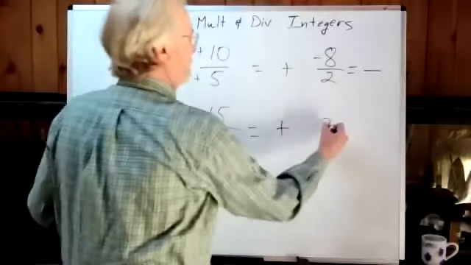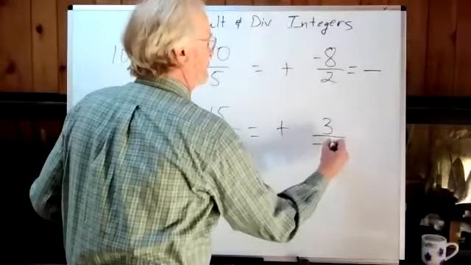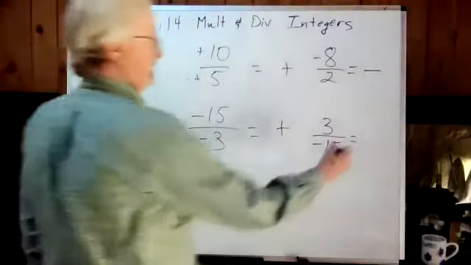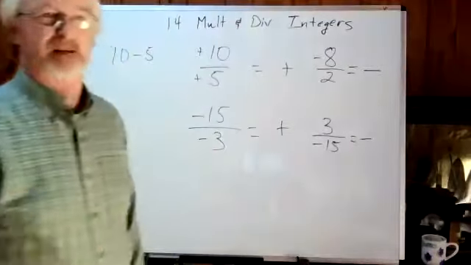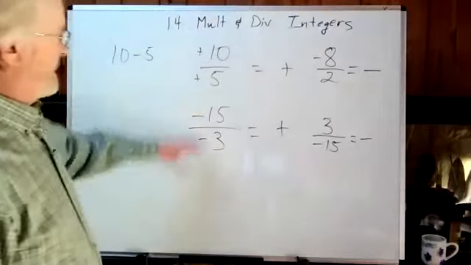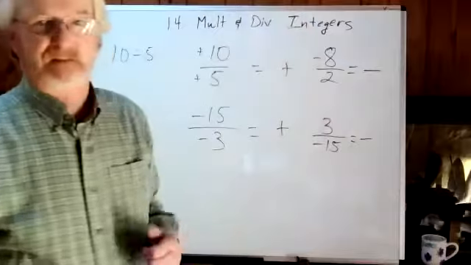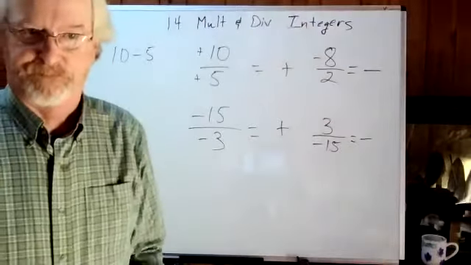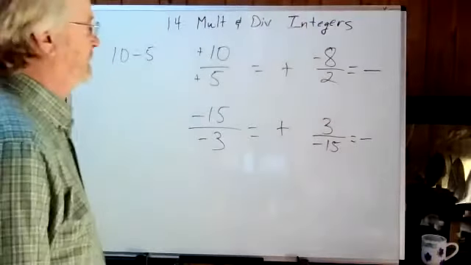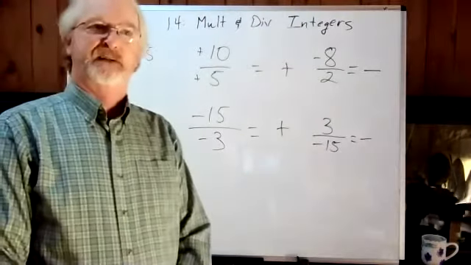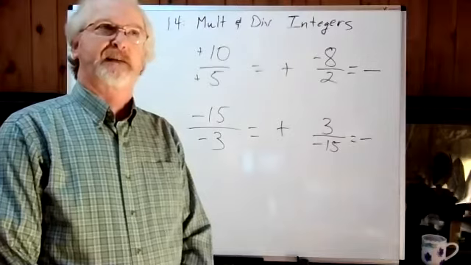I could flip that around and I get a negative result. So it's the same rules as multiplication. Same signs results in positive. Opposite signs results in a negative.